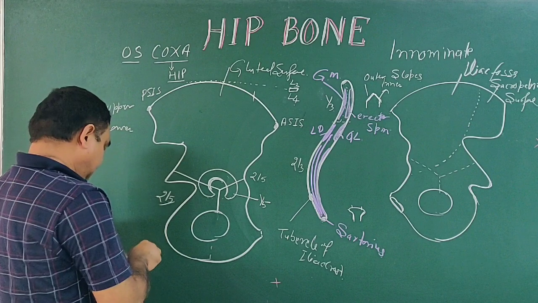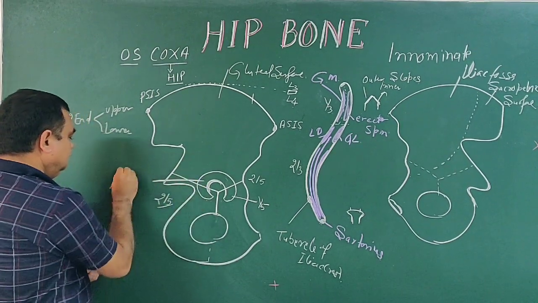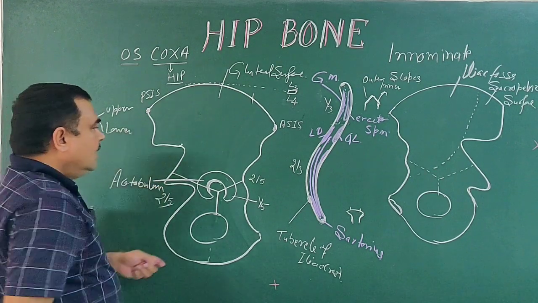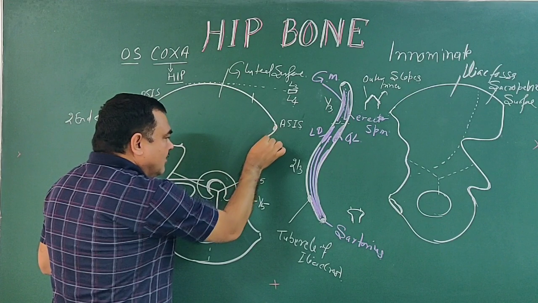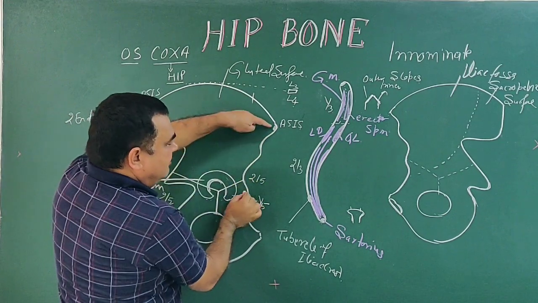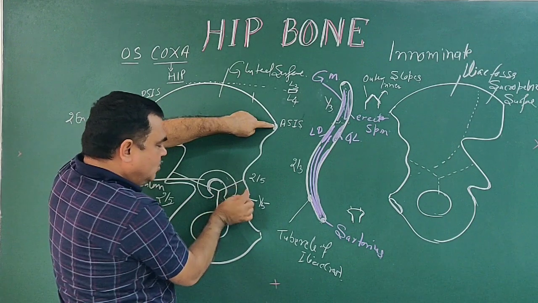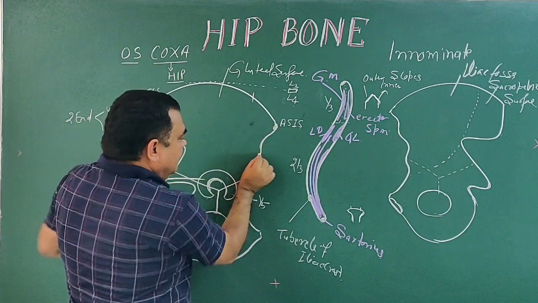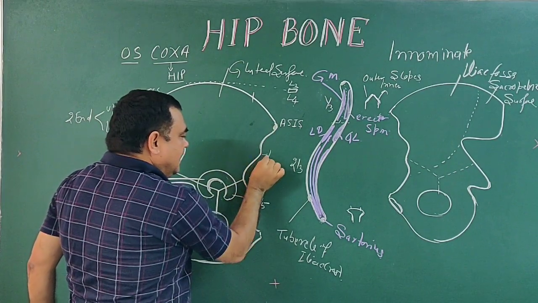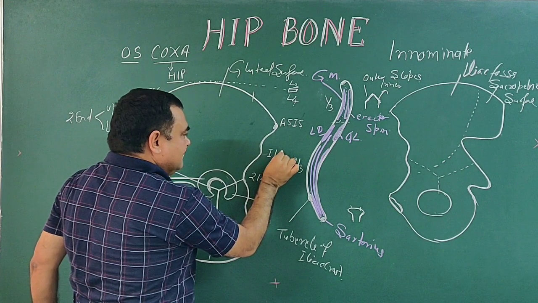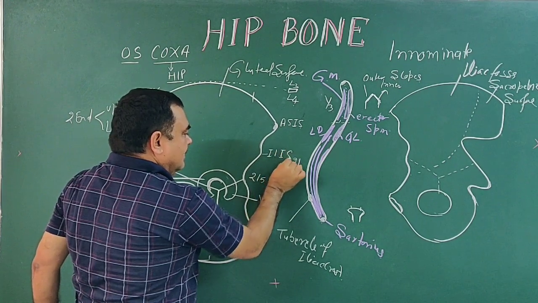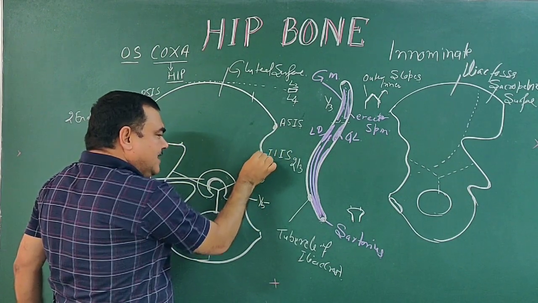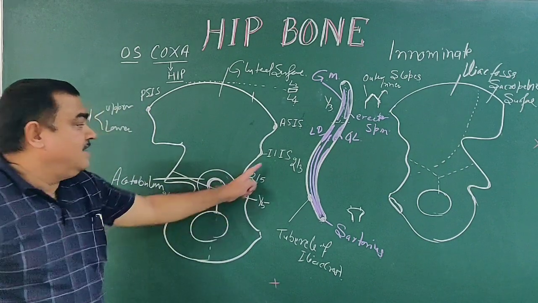Now the anterior border extends from the anterior superior iliac spine to the acetabulum. There is a depression, then the anterior inferior iliac spine, present on the anterior border.